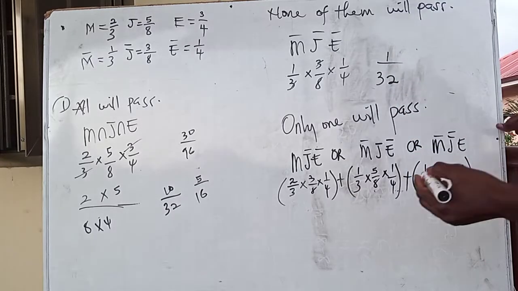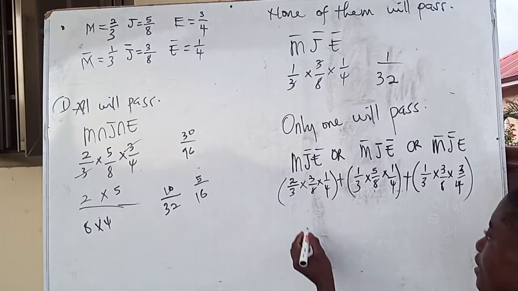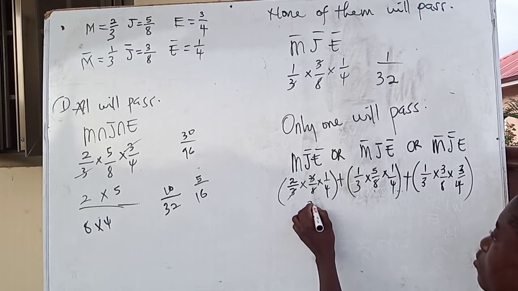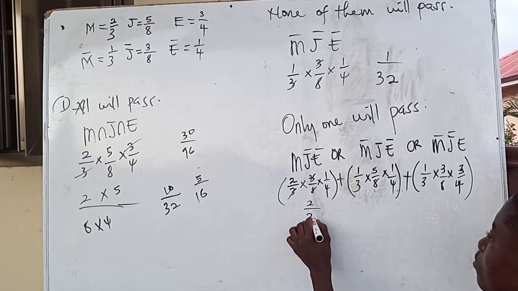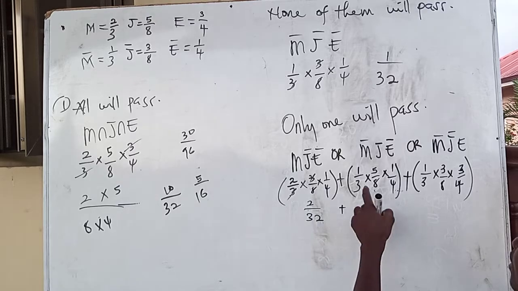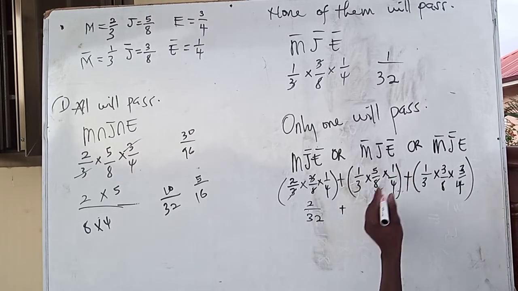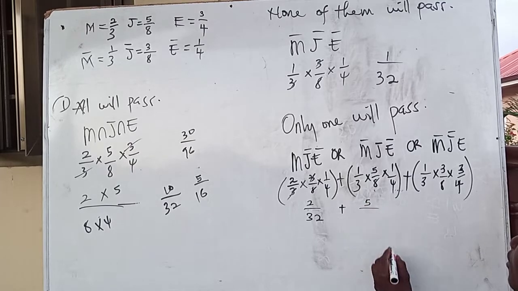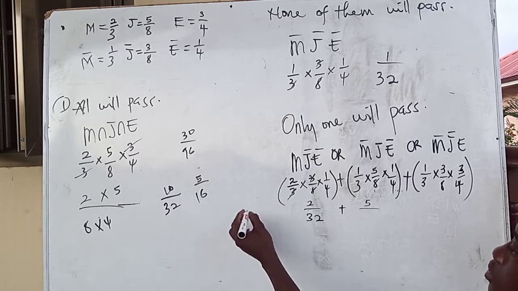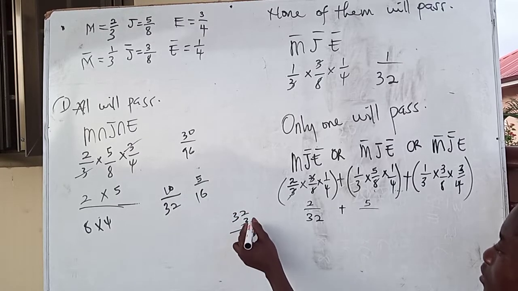So here, you can see that this 3 can cancel 3, right? So 2 times 1 is 2. 8 times 4 is 32, right? 3 cannot cancel anything here. 1 times 5 is 5. 8 times 4 is 32, so we are multiplying 32 by 3, isn't it? 3 times 2 is 6, 3 times 3 is 9.